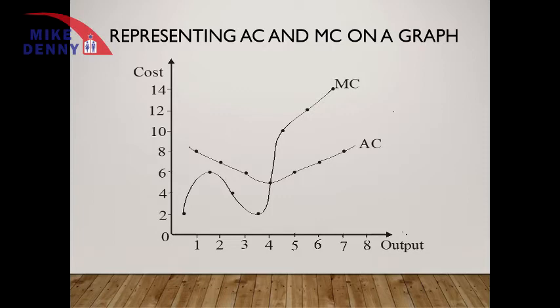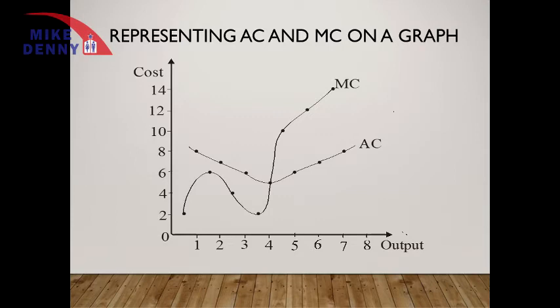When output is 1, you look at your tables, the average cost is 8. When output is 2, average cost is 7. 7 is between 6 and 8. When output is 3, average cost is 6. When output is 4, average cost is 5. 5 should be between 4 and 6.